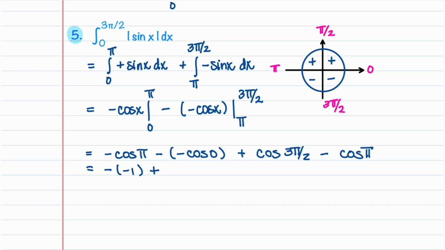Then plus cosine of 0, which is 1, plus cosine 3 pi over 2, which is 0, and then minus cosine of pi, which is -1. So this gives us 1 plus 1 plus 1 for an answer of 3.